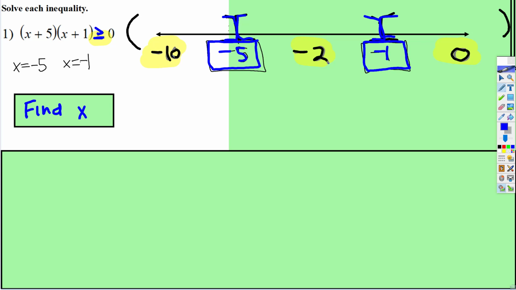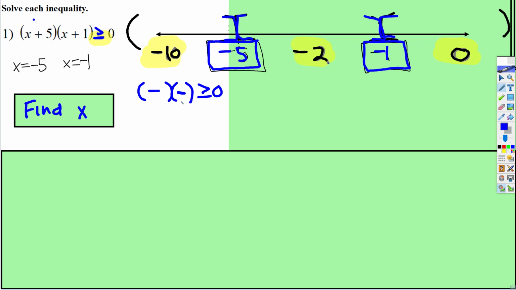And here's my recommendation. You pick those numbers, and then just in my head, -10 plus 5 is a negative number. -10 plus 1 is a negative number. Let me make this a little bit smaller so I can keep it.